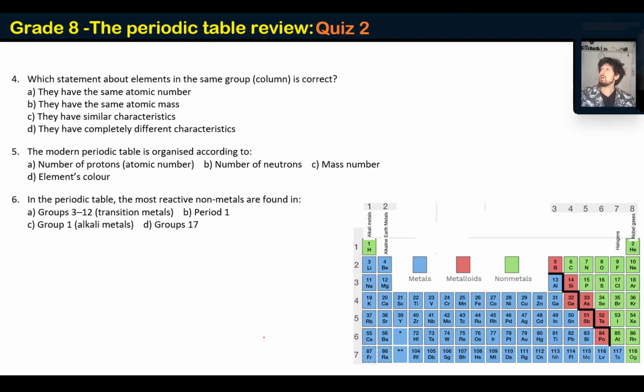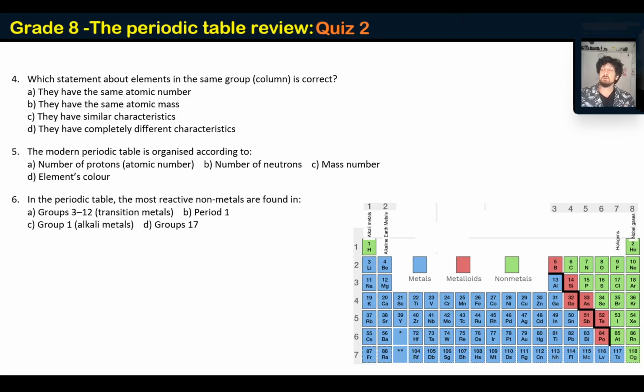Let's keep going. Which statement about elements in the same group or column is correct? They have the same atomic number? Absolutely not. Remember, the whole periodic table is arranged by atomic number. So it's arranged by number of protons. That is the identity of the element. You can't have 2 elements with the same atomic number, they become the same element essentially.